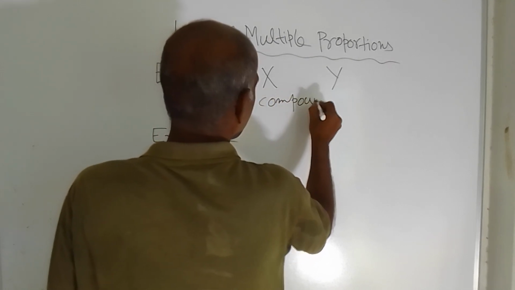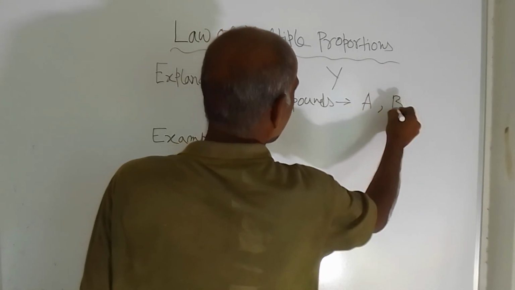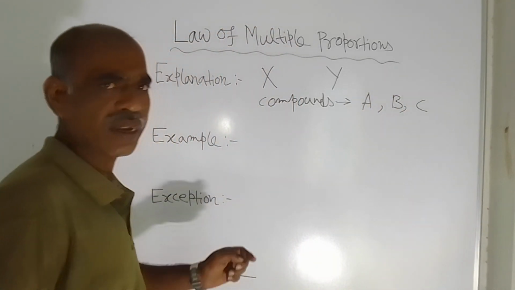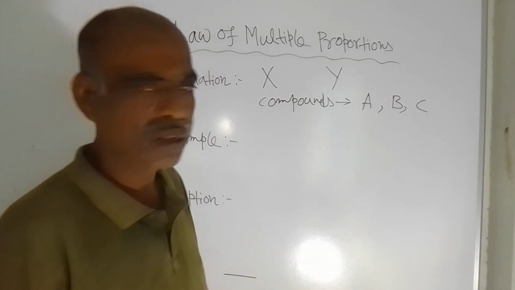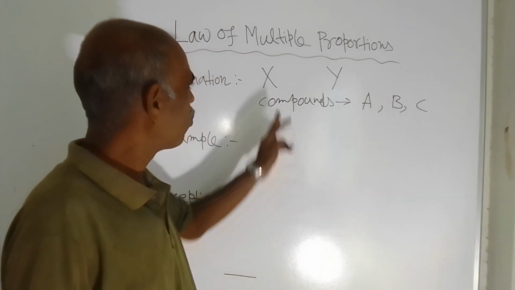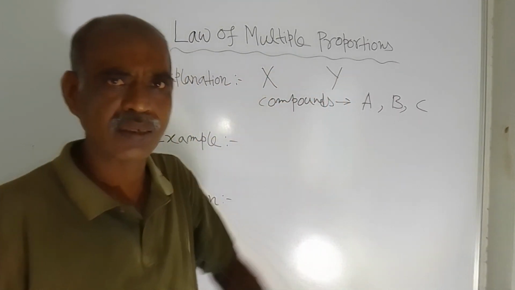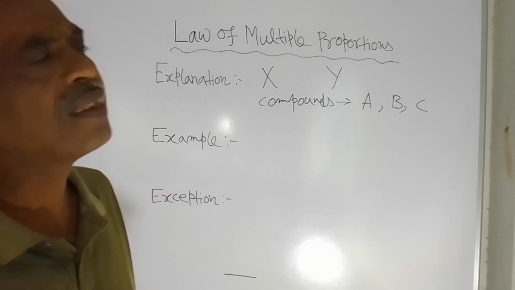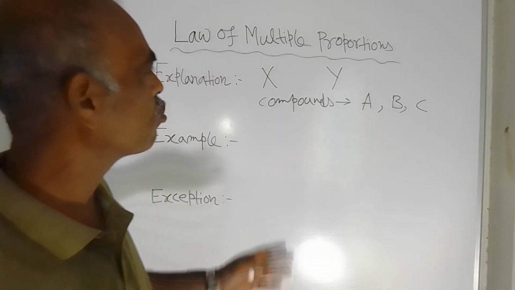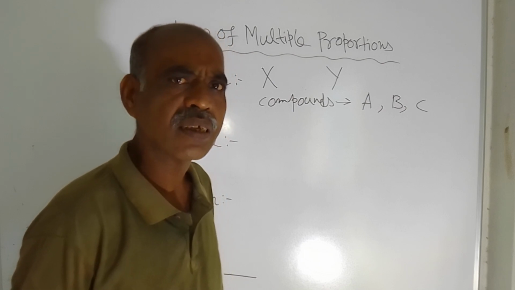Okay. Compounds are suppose A, B and C, denoted by capital letters, capital A, capital B and capital C. These are the compounds. Okay. When X reacts with Y, X is one element, Y is other element. Okay. In different three conditions, they produce different three types of products, A, B and C.